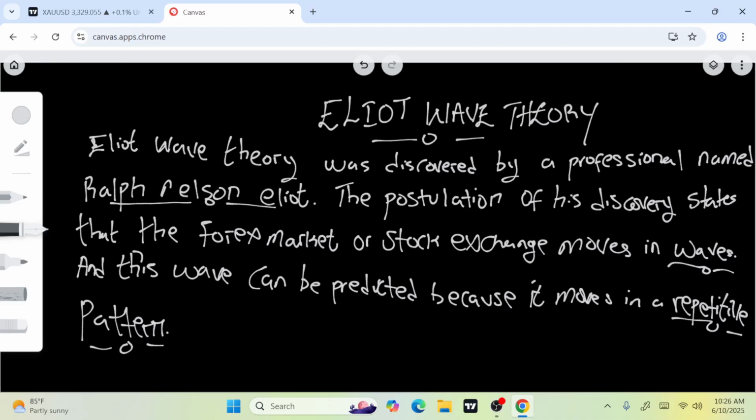It is very, very important. And this is the foundation for you to understand what Elliott wave theory is all about. This man discovered that the forex market moves in a certain way, which we refer to as waves. And those waves can easily be predicted because they move in a repetitive pattern, that is, in a constant occurrence. It is ongoing and ongoing.